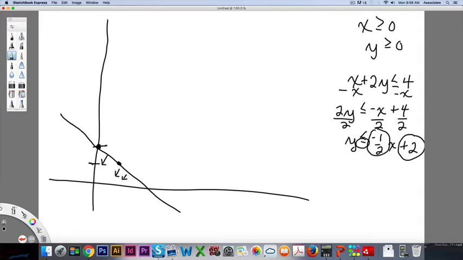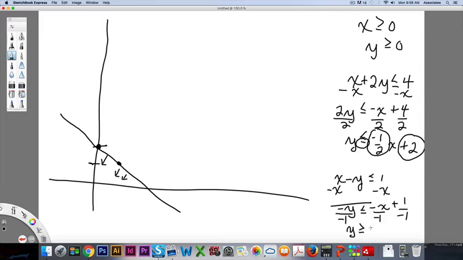than. The next equation said x minus y is less than or equal to 1. So I'm going to again solve it for y. So I get negative y is less than or equal to negative x plus 1. Divide everybody by a negative. And remember, when I divide by a negative, it's going to flip.